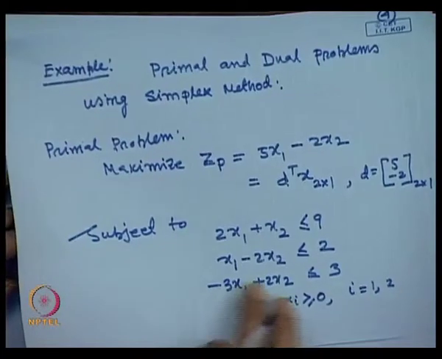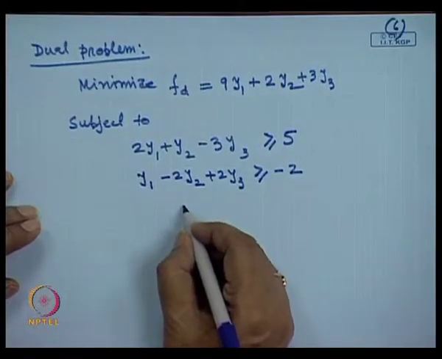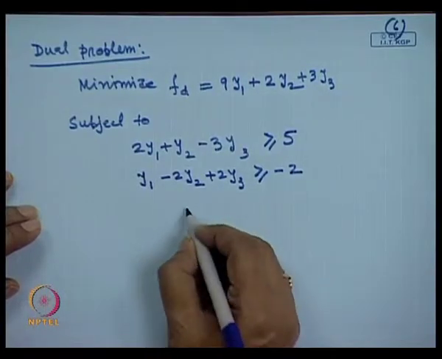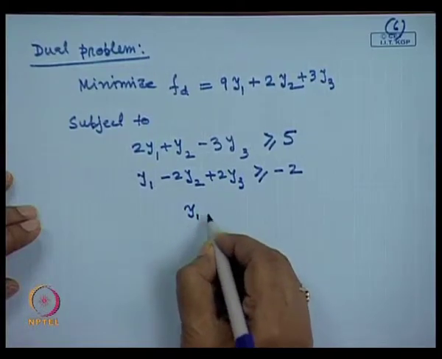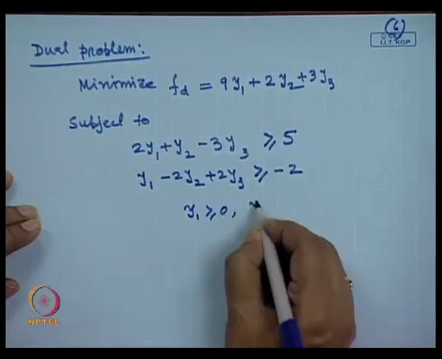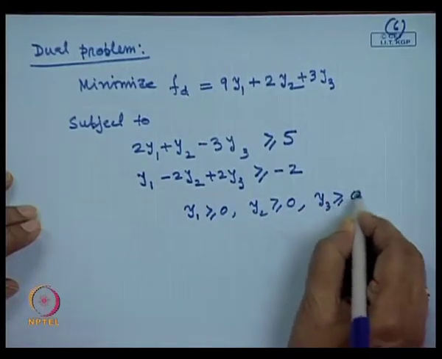See this one. Agree? And now the new variables, the dual problem variables, are y1 greater than or equal to 0, y2 greater than or equal to 0, y3 greater than or equal to 0.